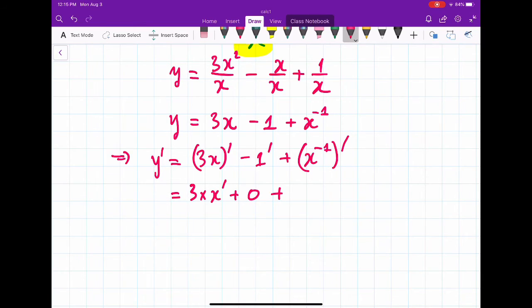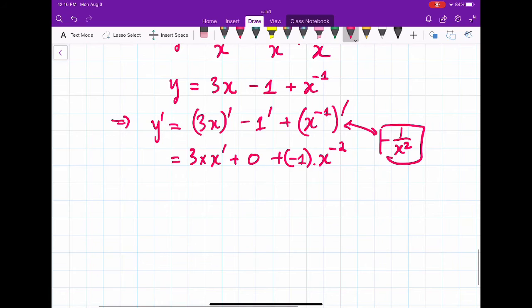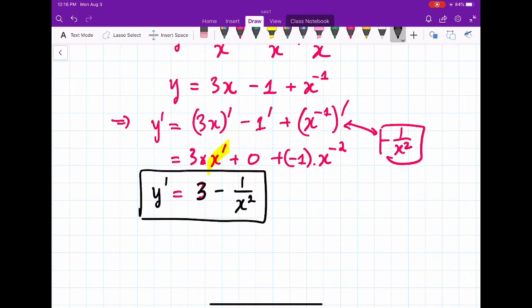And here, if you remember, you can write negative 1 over x squared right away. But if you don't remember, you can use the power rule. You write negative 1 in here and then x to the negative 2. Okay, so I have 3 because the derivative of x is just 1. So I have 3 minus 1 over x squared. That is the derivative of the original function.